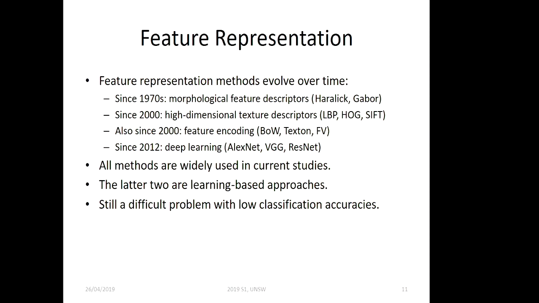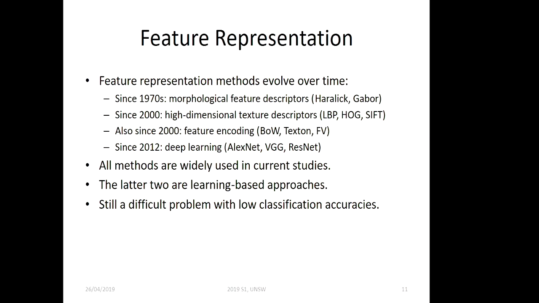So feature representation methods evolve over time, and since the 1970s, most of the studies at that time were focused on morphological feature representation techniques. That means you can use lots of filters. If you've ever done DSP, then you know Laplacian transform, Fourier transform, and wavelets.